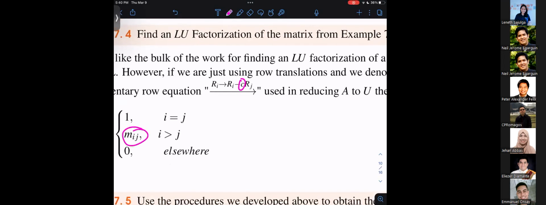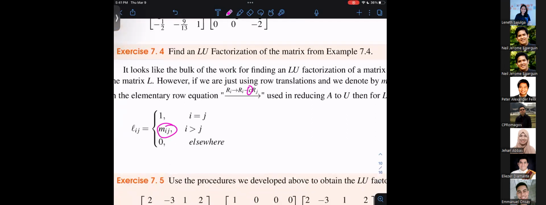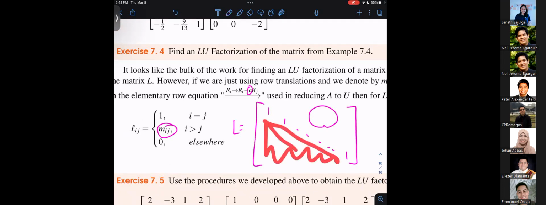That's going to be the entry on the ith row and the jth column of the matrix L. Because in the factorization we're developing, the main diagonal of the matrix L is comprised of all ones, right? It's lower triangular, so everything above the main diagonal should be a 0. So all that's left to be determined are the entries in the lower triangular part, right?